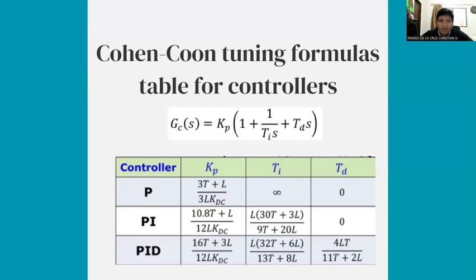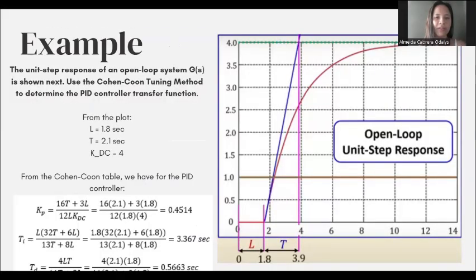So for the Cohen-Coon tuning formulas table of controllers for P, PI or PID, we have the parameters KP, TI, and TD. We are seeing several equations that are important for getting these parameters. From this method, we have the following example.